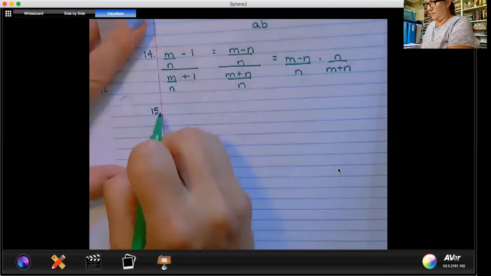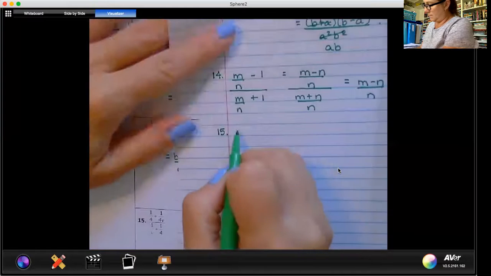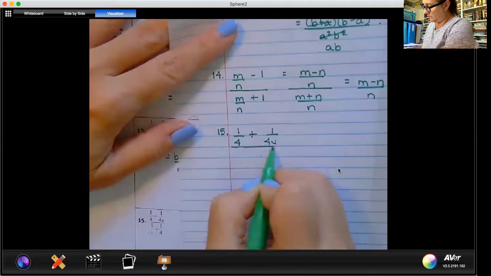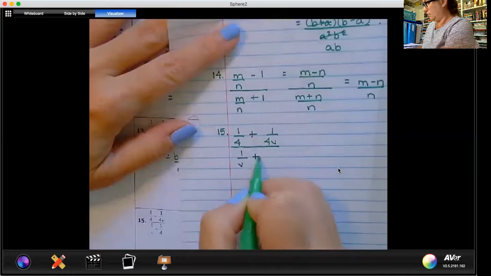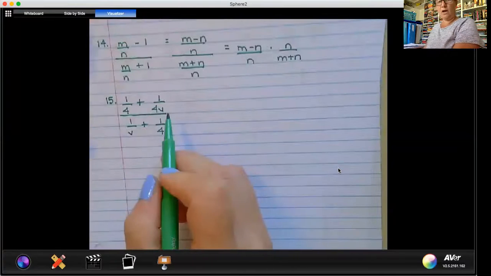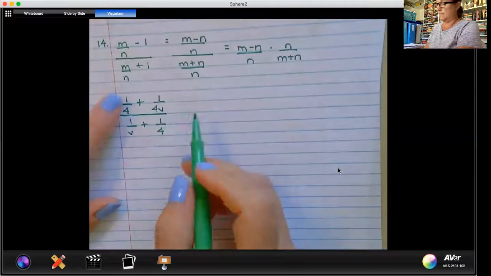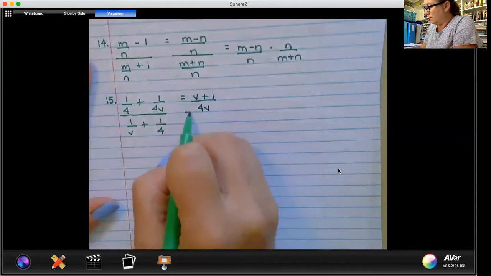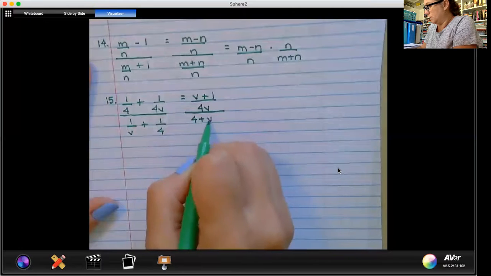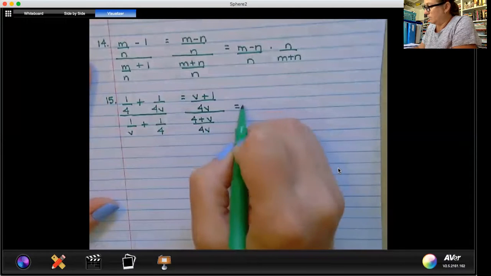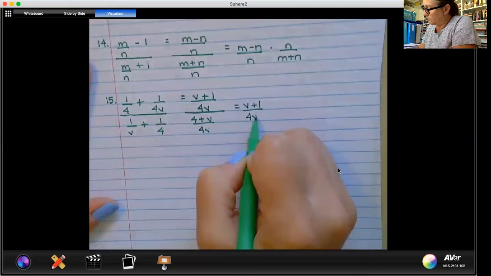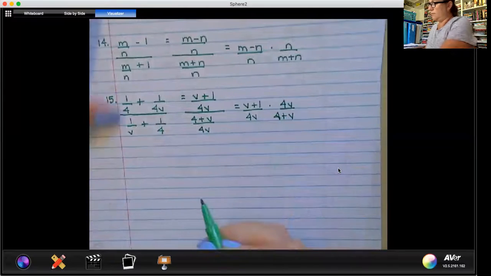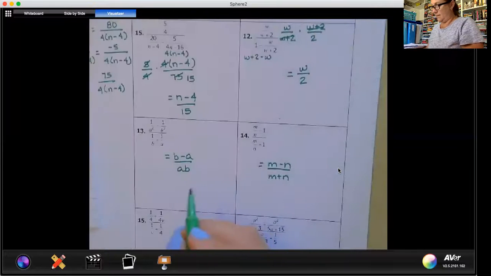And problem number 15 is 1 over 4 plus 1 over 4v over 1 over v plus 1 over 4. Now they do have a common 4, which means this one just needs the v. So v plus 1 over 4v over cross, cross, across. Multiply by the reciprocal. And you get v plus 1 over 4 plus v.